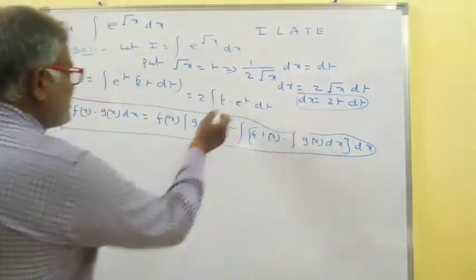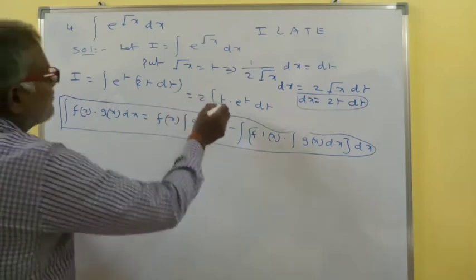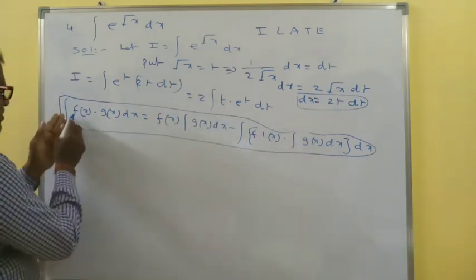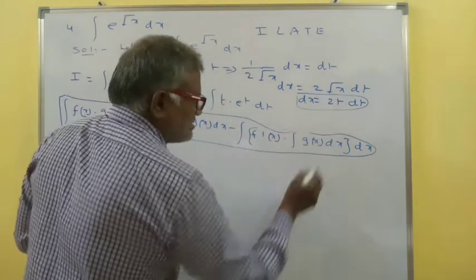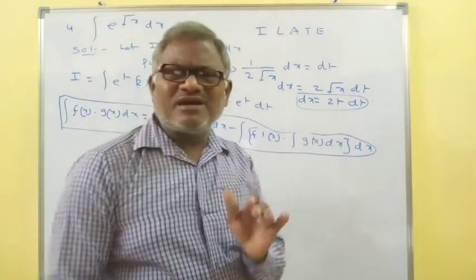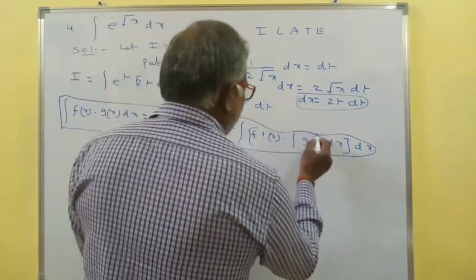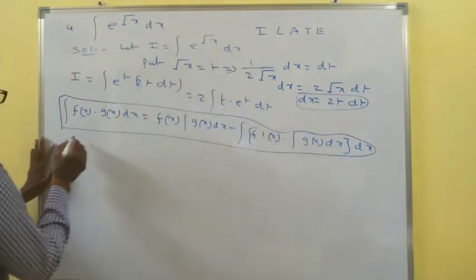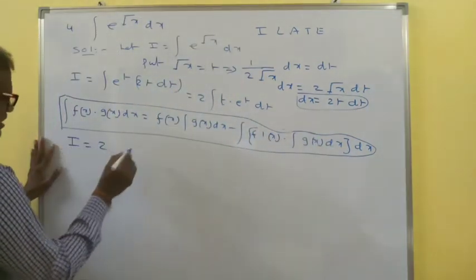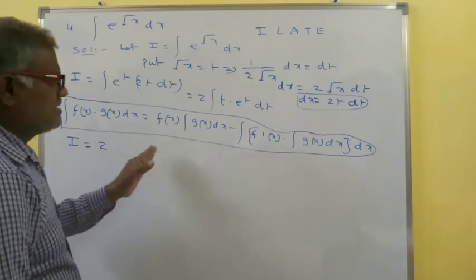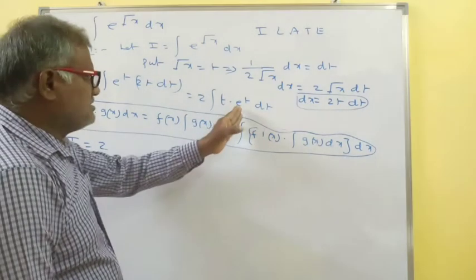So second function. So here f of t is there, but no problem. Just write the formula. No problem with respect to x or with respect to t. But we have to integrate directly. No need to write f of x and f of t and g of t.